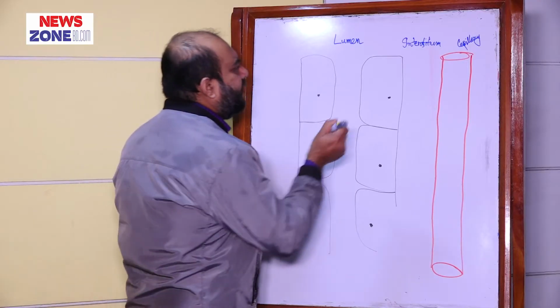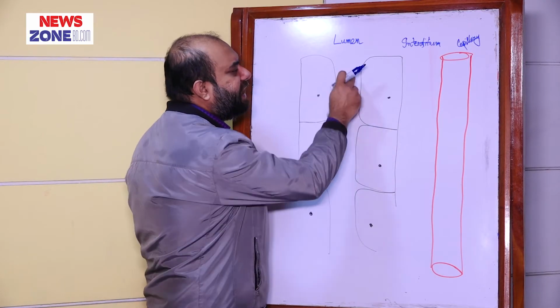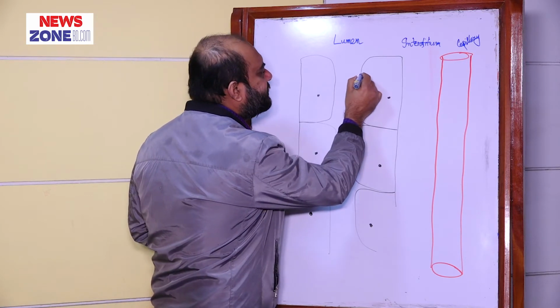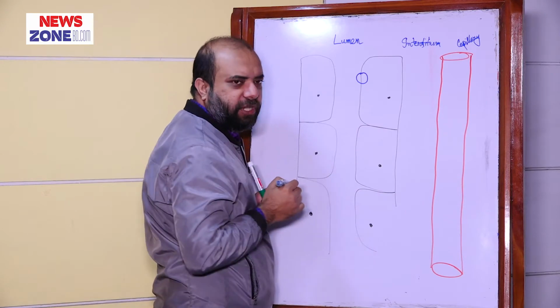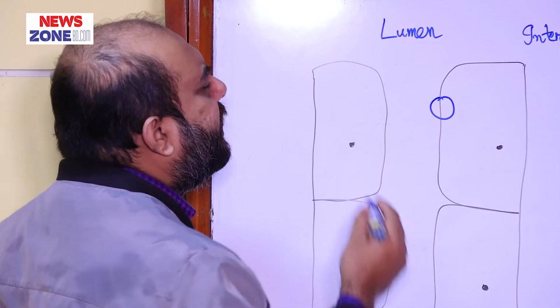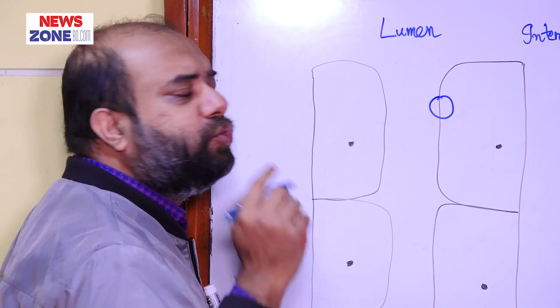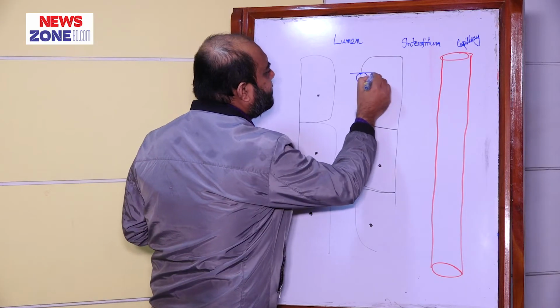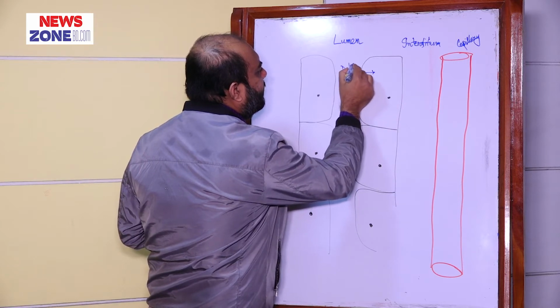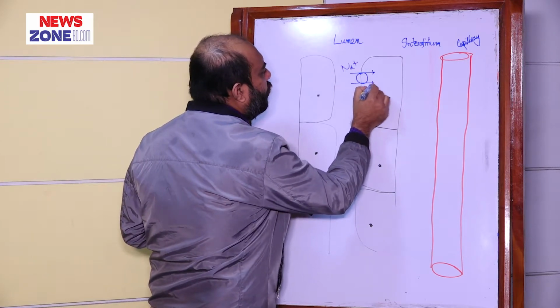So this is a renal tubular epithelial cell and this is the luminal surface, and in the luminal surface there is a transport protein, or you can call it a carrier protein. This carrier protein has two binding sites. One binding site is for sodium ion and another binding site is for glucose.